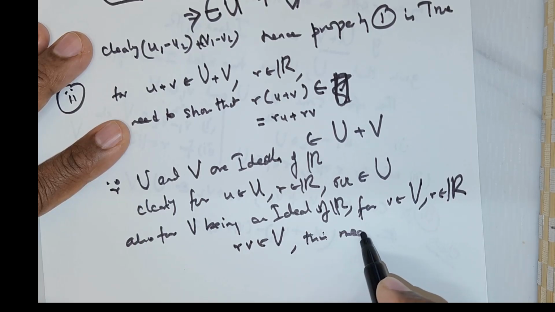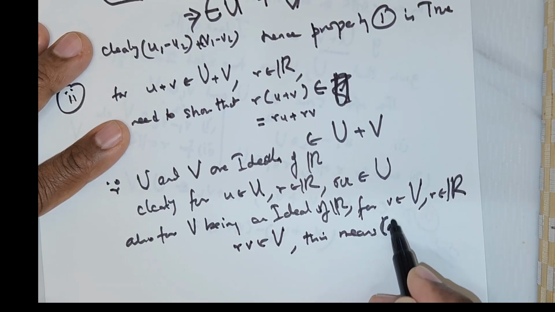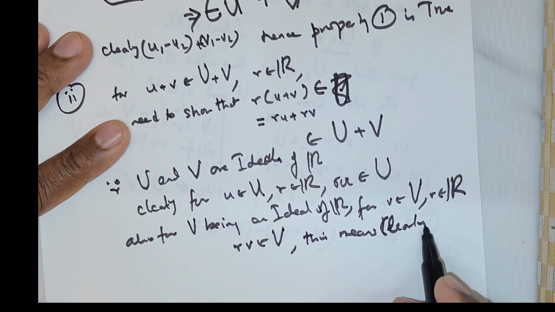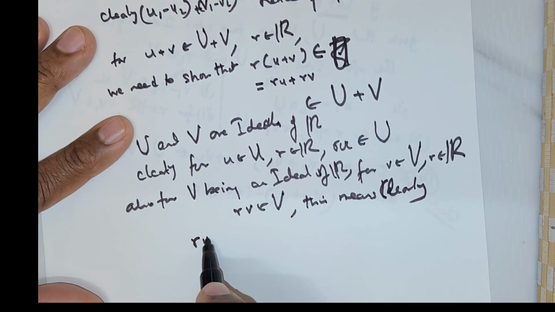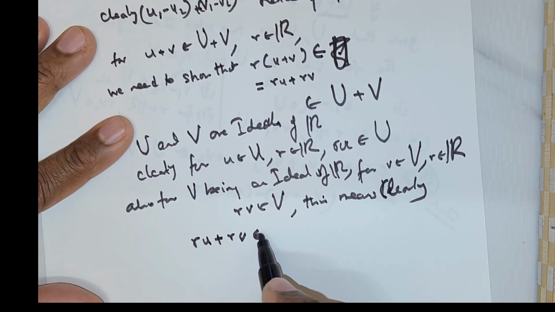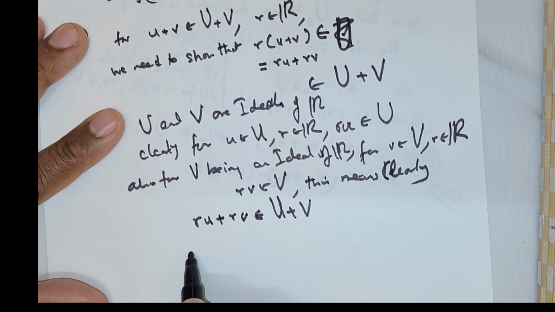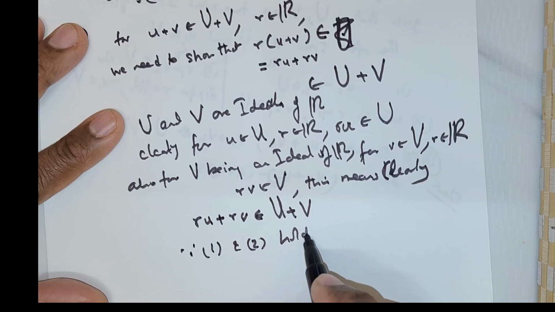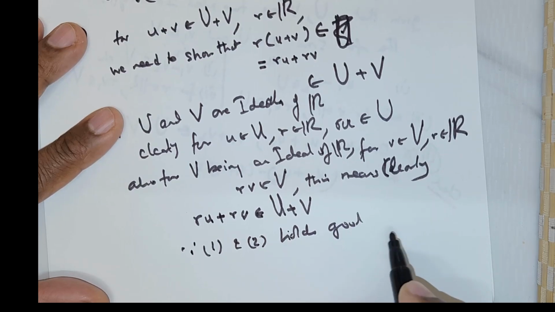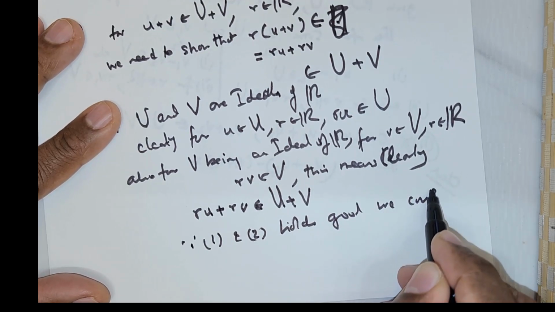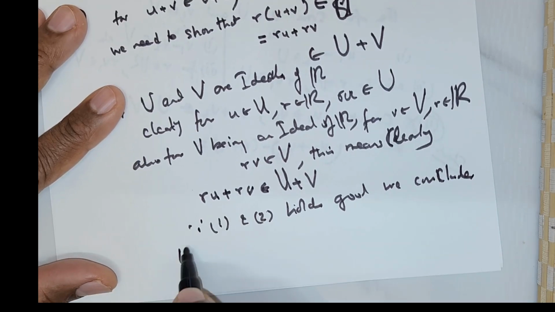Now this means, clearly, r times u plus r times v is going to be an element of U plus V. Since 1 and 2 hold good, we conclude that, what is the conclusion?